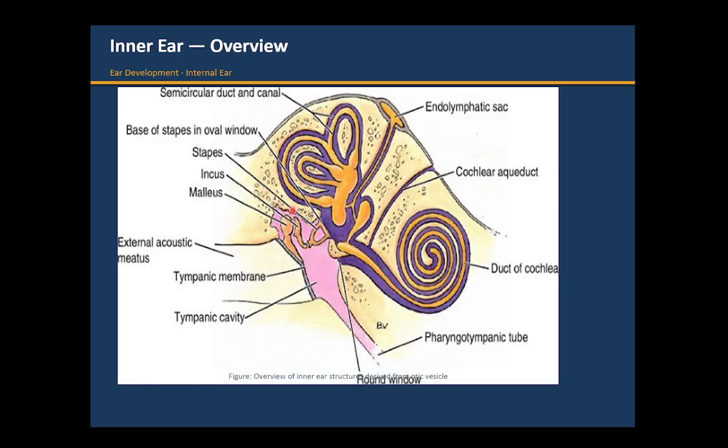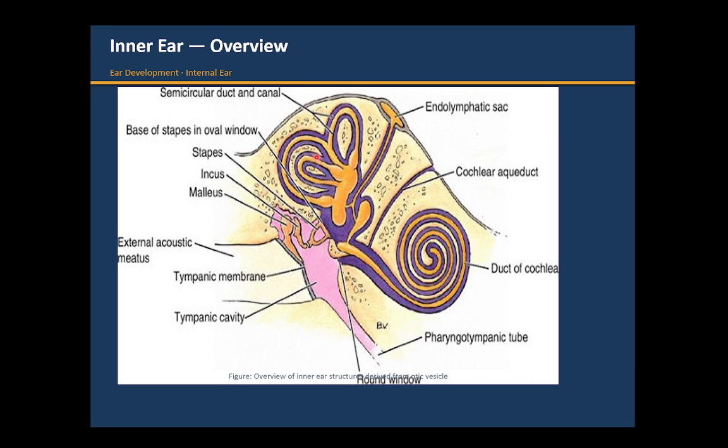So this is just showing you the different structures we have already talked about, that cochlea, saccule, are basically coming from the ventral part of the otic vesicle, and then you have the utricle and the three semicircular canals, which are coming from the dorsal aspect of the otic vesicle.